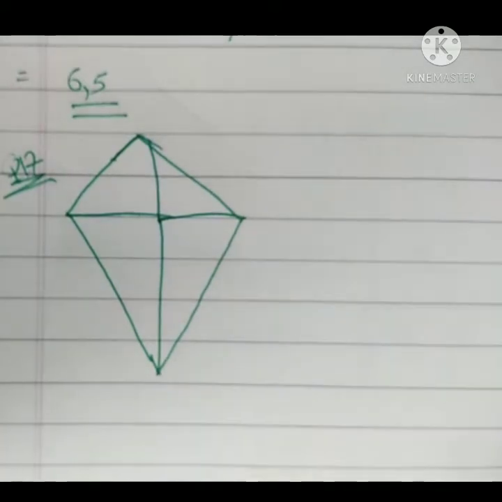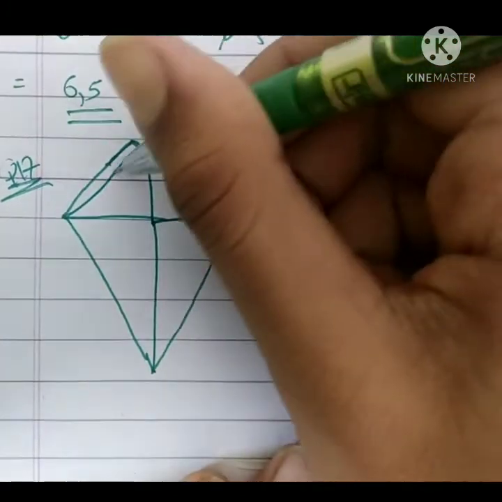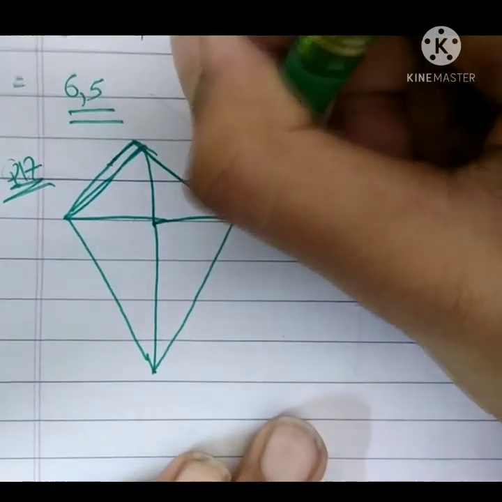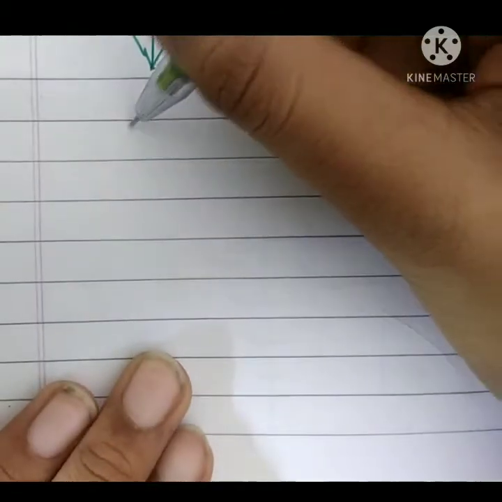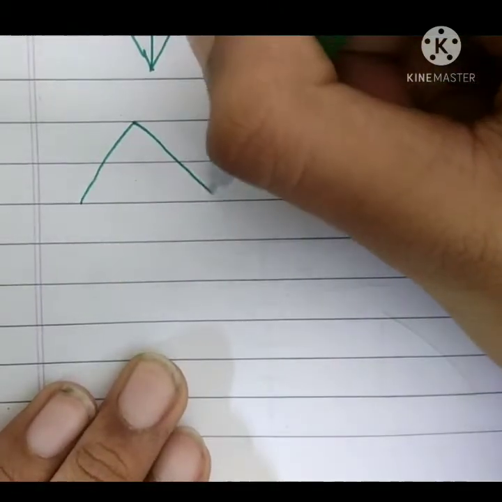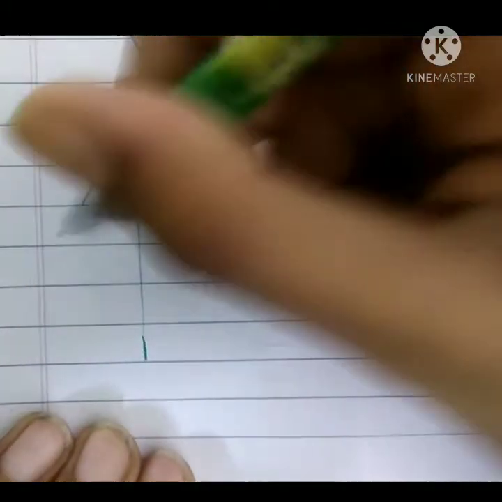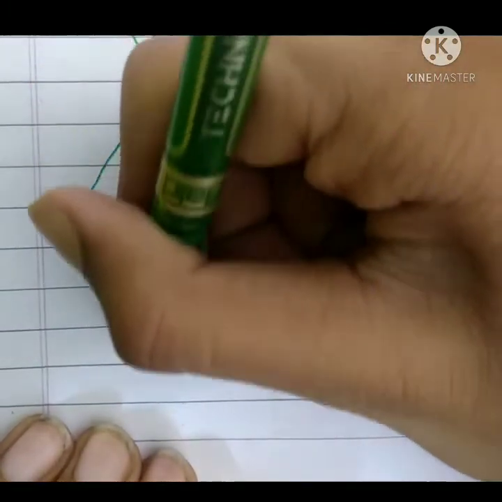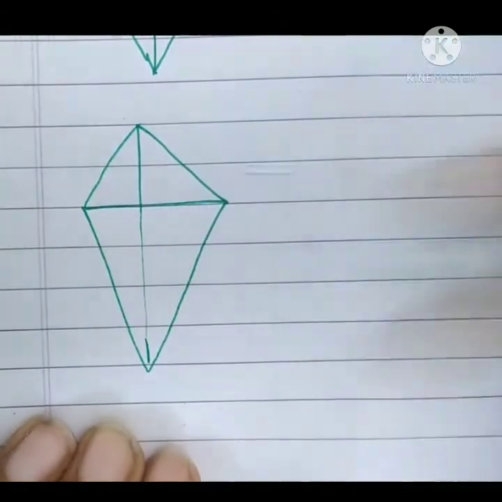So it is asking, what is the angle between the sticks? Actually a kite is like this, but I am drawing the diagram again. It is not good. Okay, like this a kite looks.